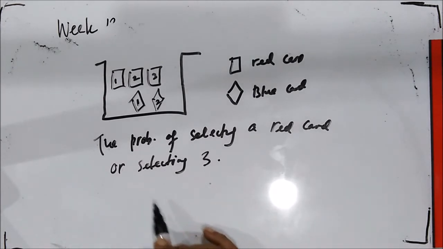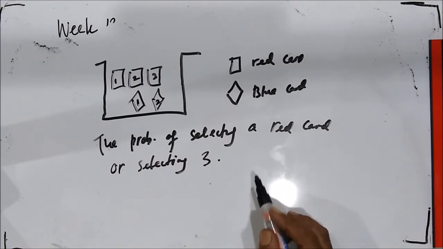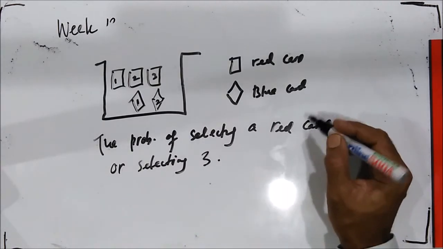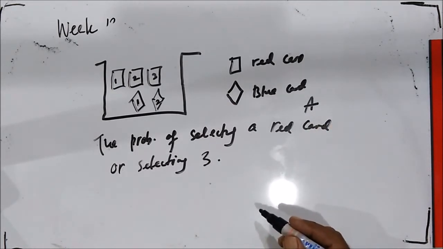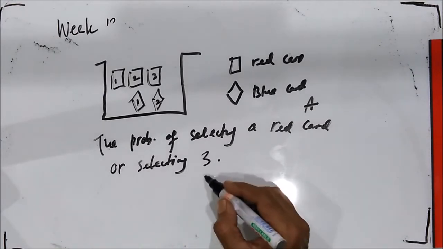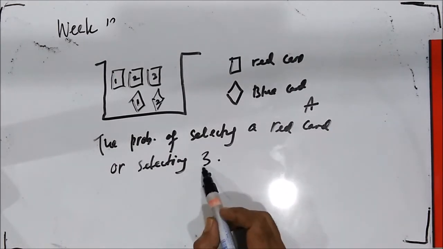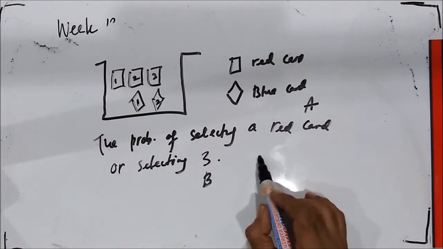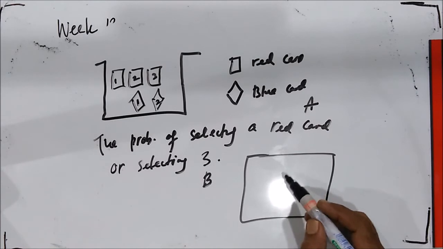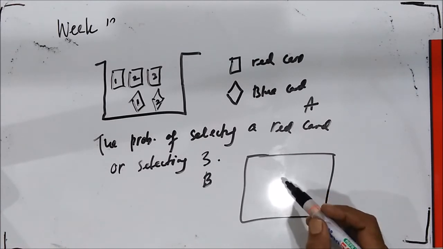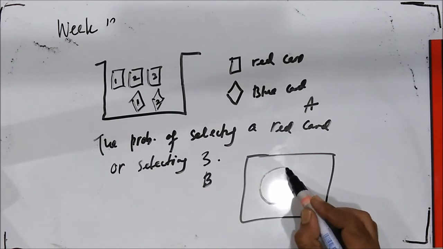You can draw a Venn diagram here. Let's say a red card is A and selecting number 3 is B. So if I draw a Venn diagram here, I have red cards, I have 3 red cards.